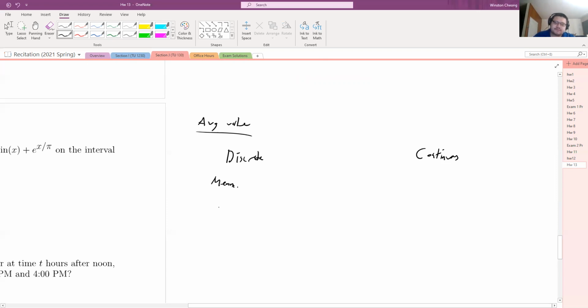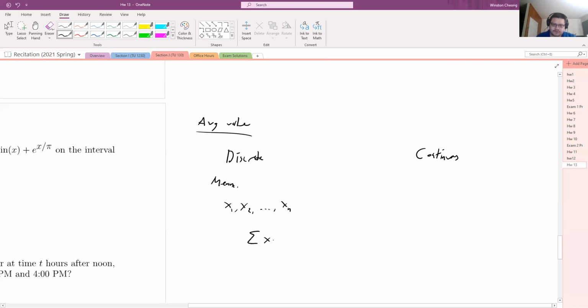The idea is, suppose you're given a bunch of different numbers, x1, x2, dot dot dot up to xn, n different numbers, and you're asked to take the average of these numbers. What does that involve? Well, that involves summing up all of the numbers.